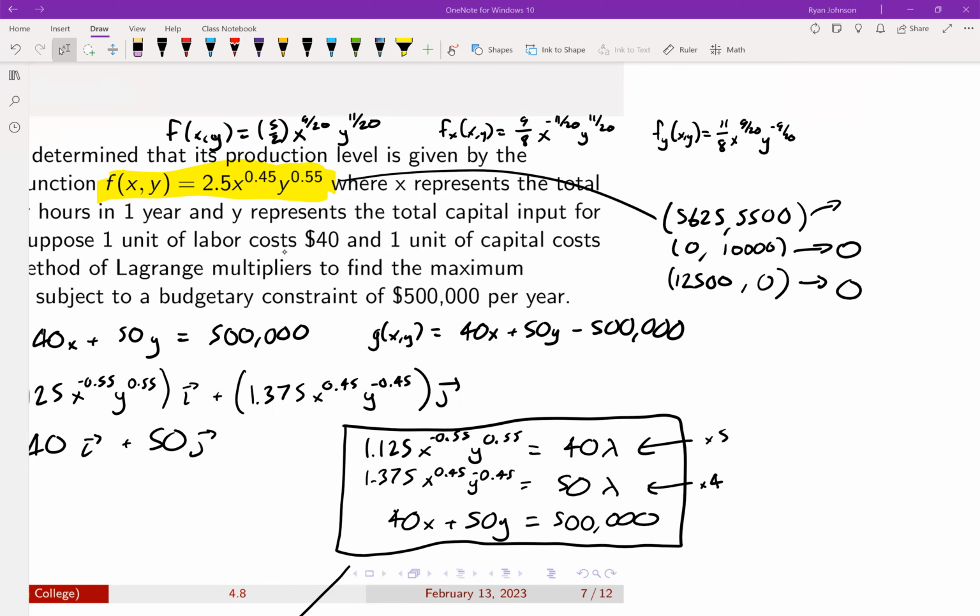I get 13,889.75. So the max is 13,889.75. And there's my answer.